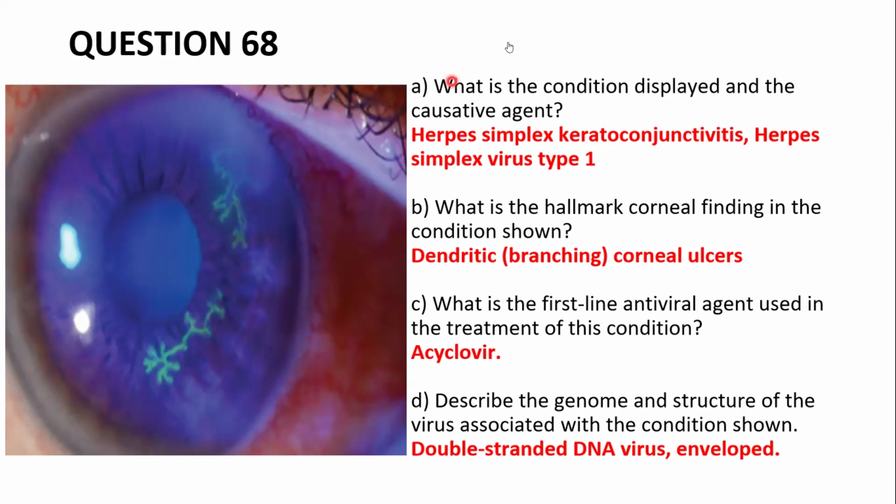There's only one ssDNA virus, right? One single-stranded DNA virus. Yes. It's just rota? No, not rota. Sorry, parvo. Rota is a dsRNA. Yeah, parvo, sorry.